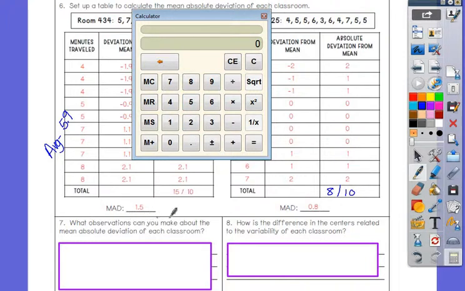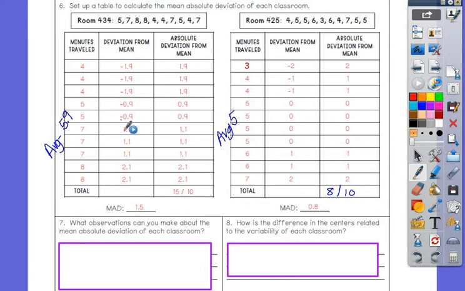Alright, now I'm able to answer these two questions. What observations can you make about the mean absolute deviation for each classroom? If you were to look back at your notes on student handout 4 for mean absolute deviation, you would see a bullet that says if a MAD score is close to 0, that means the data values are going to be close to the mean, the average.